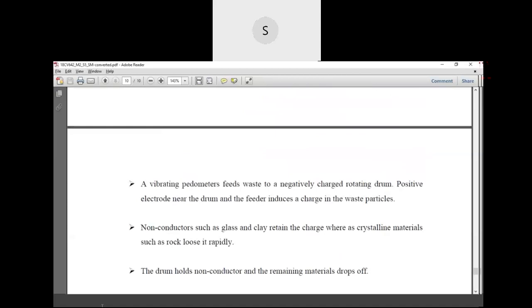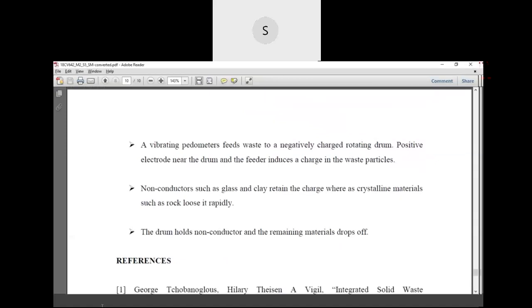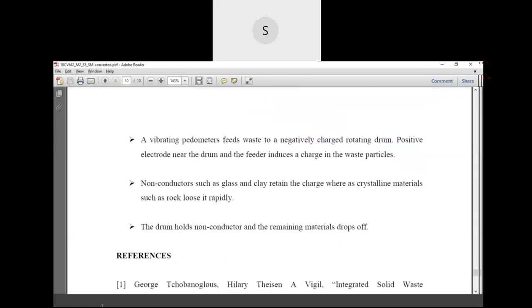Non-conductors such as glass and clay retain the charge, whereas crystalline materials such as rock lose their charge rapidly, and hence they can be dropped off and collected separately.